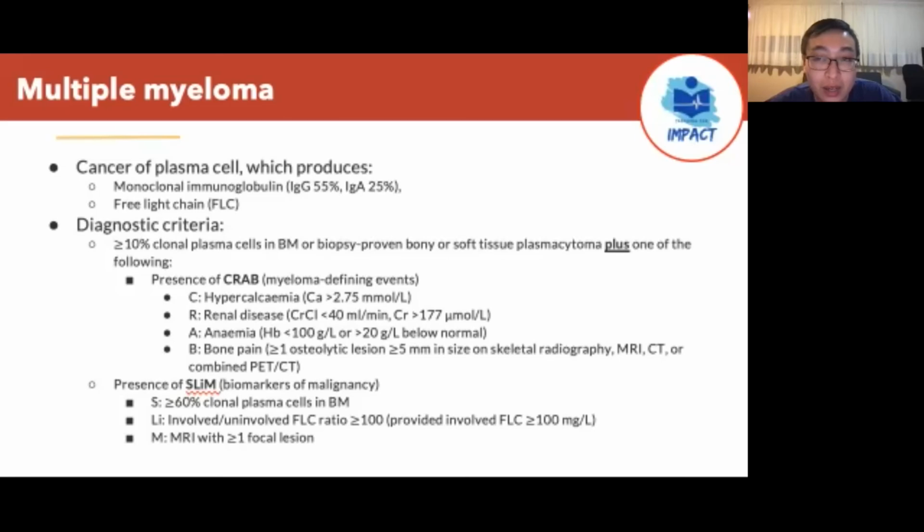So a thing to remember is that elevated ESR plus renal failure equals multiple myeloma until proven otherwise. So in these patients, we often do these two screening tests, an SPEP with immunofixation and a serum free light chain assay.